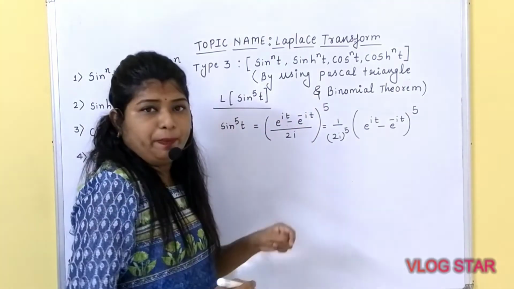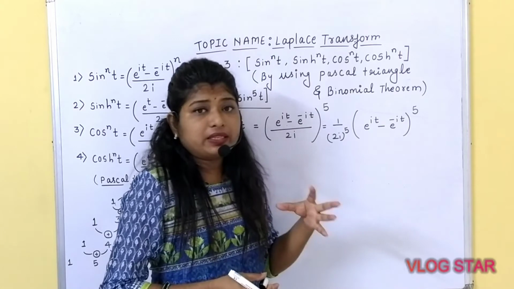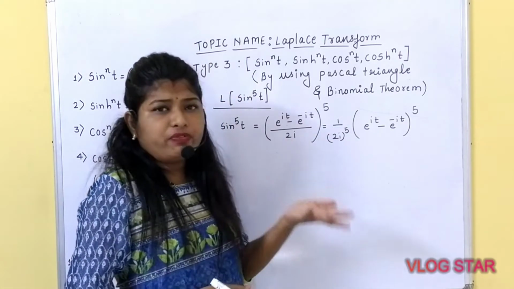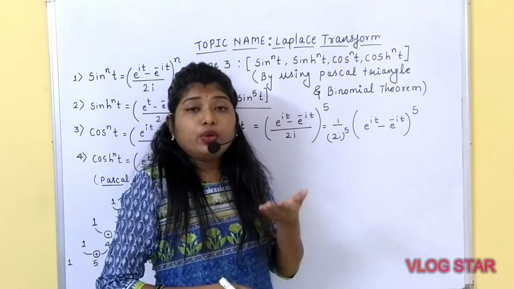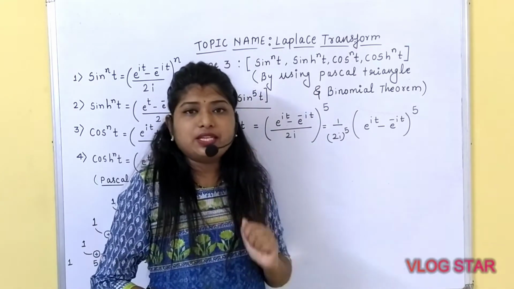And now we need to apply binomial expansion. If you remember the standard formula for binomial expansion, (a plus b) whole raised to n, you have to decrease the order of a and increase the order of b.